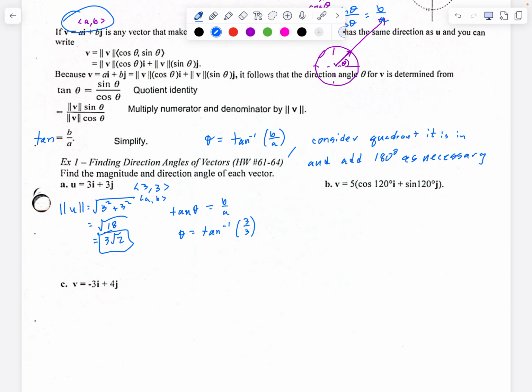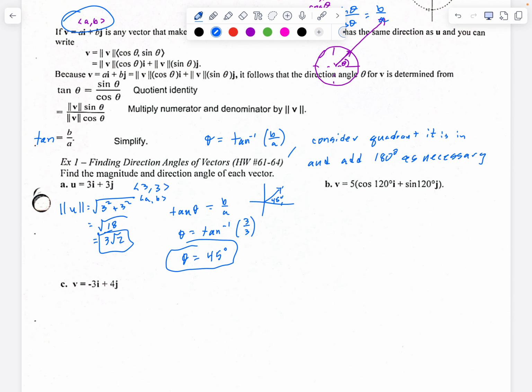So when you do the inverse tangent, here you do it in degrees, you actually get the right direction angle because (3, 3) plots to the right 3 and up 3, and it is in quadrant 1, and this is then 45 degrees. So you get the correct direction angle because it's in quadrant 1.